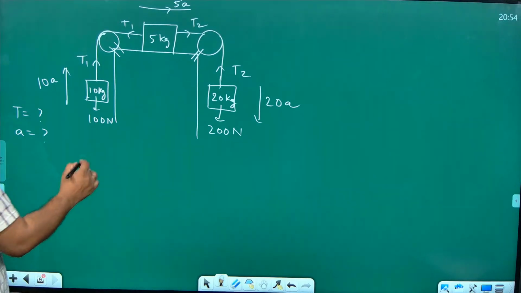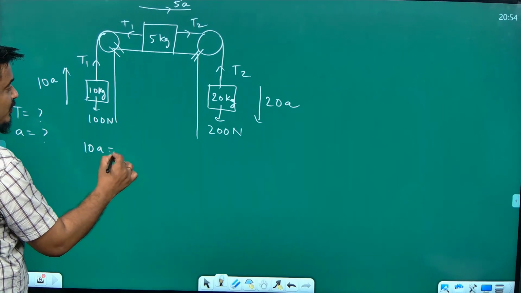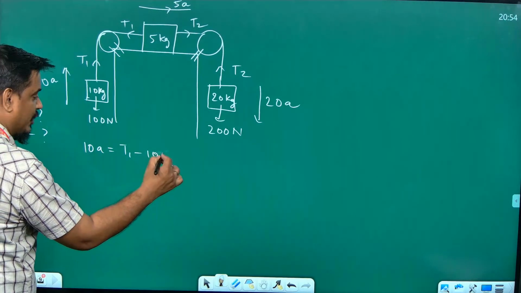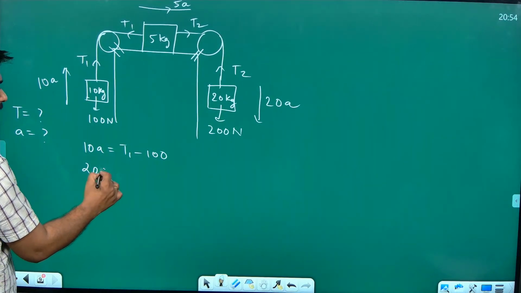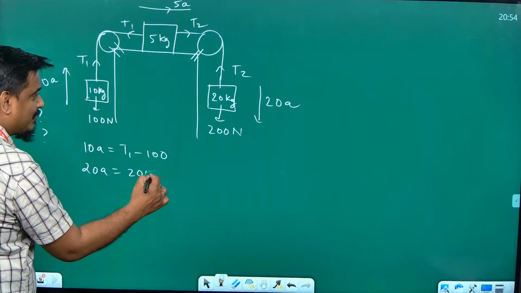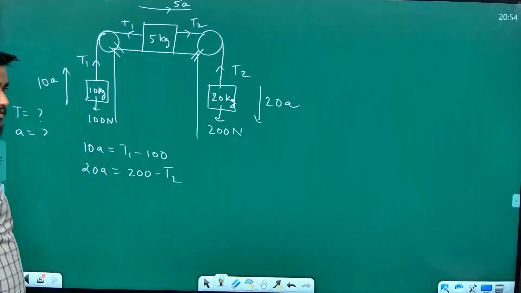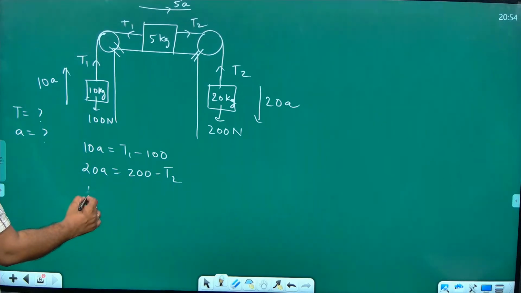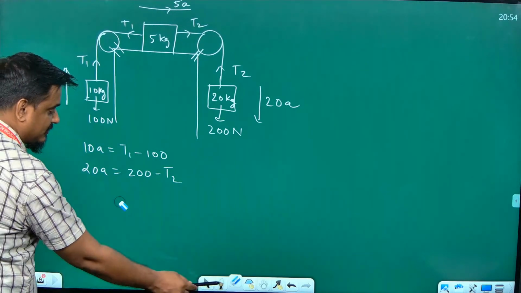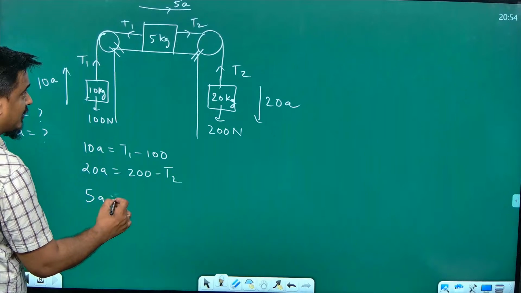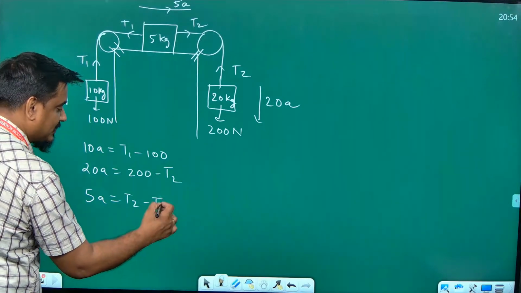What are the equations? 10A will become equal to T1 minus 100. Do you agree? 20A will become equal to 200 minus T2. Do you agree? And T2 minus T1 will become equal to 5A, isn't it? 5A will be what minus what? T2 minus T1.